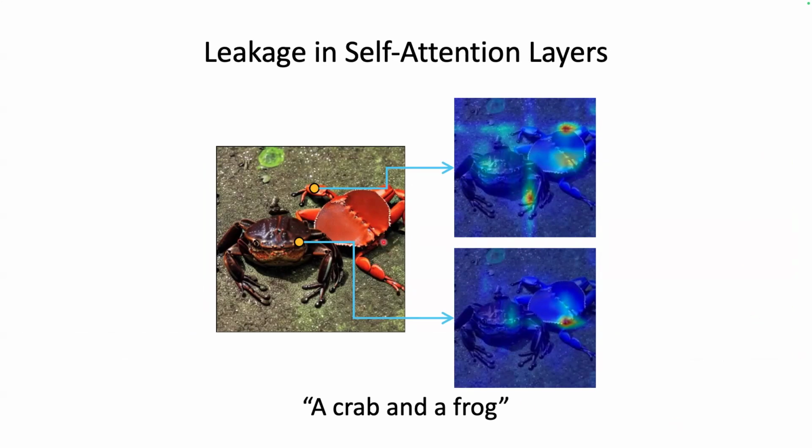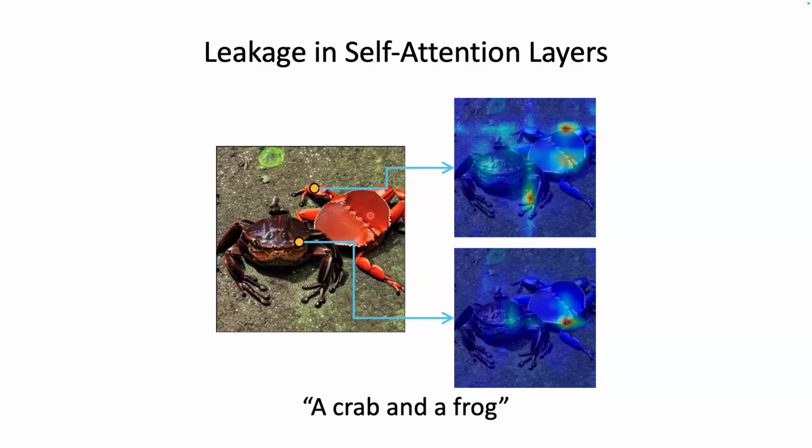Because if we try to generate a crab and a frog in the same image, a query on the leg of the crab is semantically similar to the leg of the frog, so it's going to have attention to the leg of the frog, right? So this is actually the attention map that we get. We see that we get attention to the leg of the frog, even though the point is on the crab. So by definition, this crab is going to get values from the frog.